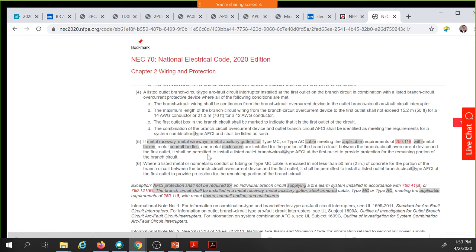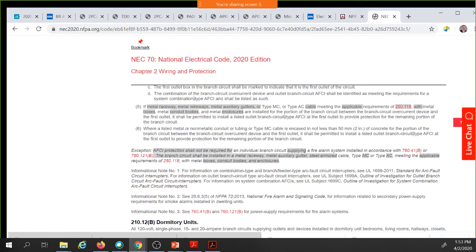Then you can put the OBC AFCI at that first outlet, and there's no length restriction on that either. And then there's listed metal or non-metallic conduit. Chicago, for example, uses conduit. If you're running that conduit down to the first outlet, you can put an OBC AFCI with a standard thermomagnetic circuit breaker at the source.